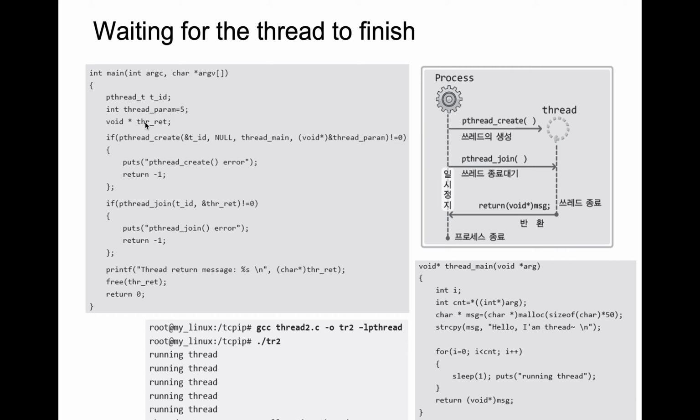And the next thing is the content of the thread. Let's take a look at the source code first. We're still providing the value of 5 to the thread that we are creating, and the one additional step we're doing is joining that thread. Instead of sleeping for 10 seconds as in the first example, if you remember, we are joining. And after we join, we are simply printing out whatever has come from that thread as a result, that message.